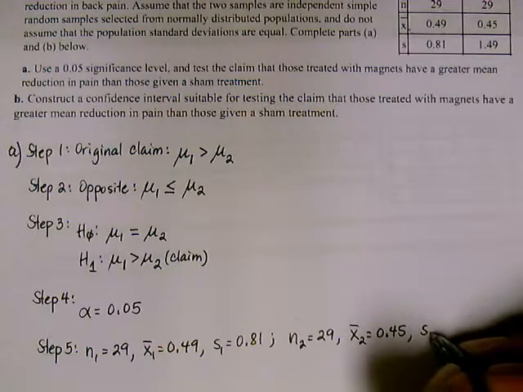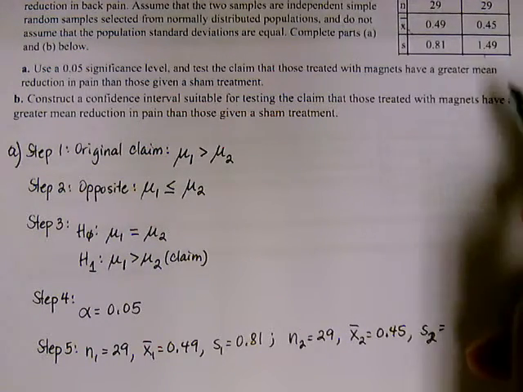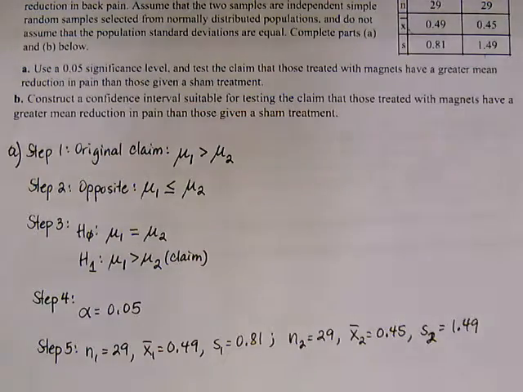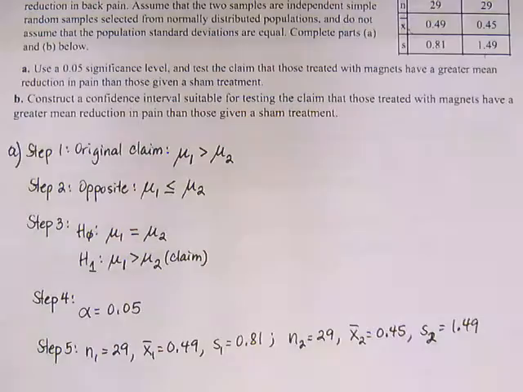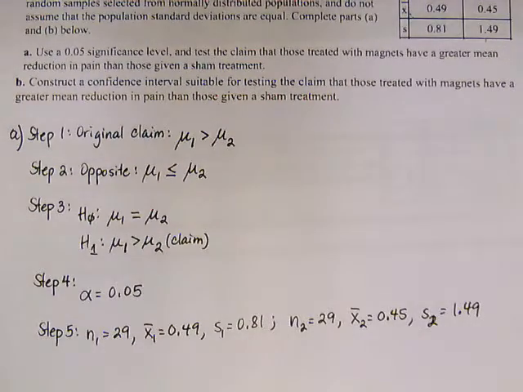And S2, that's the second one, S2 is 1.49. Now here we can type all of those sample statistics in our graphing calculator using that same procedure that we did in the last example.